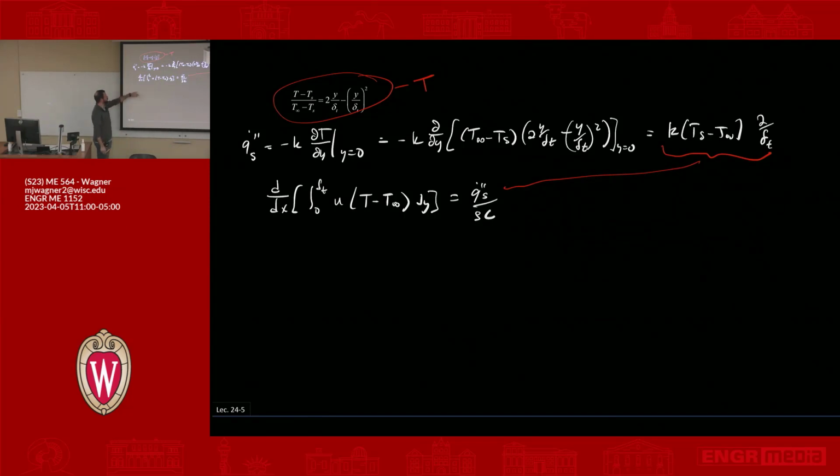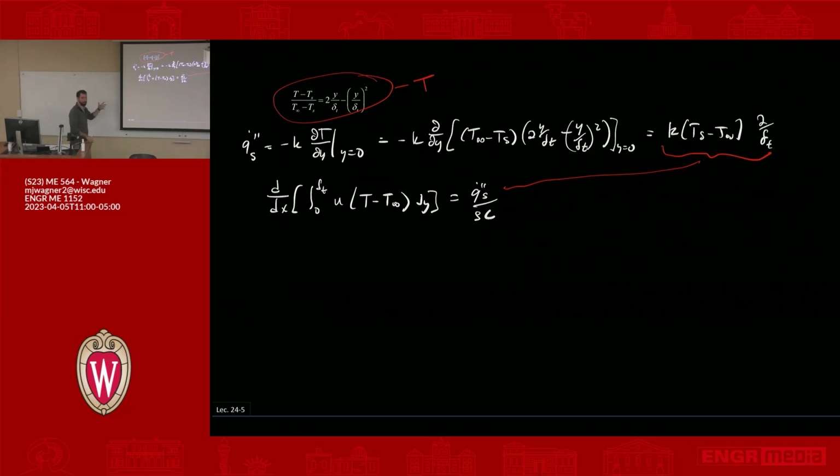The one thing that's maybe a little bit unclear is I have u here. So I have to somehow have a velocity profile that goes with this. What you can do is, if you've already done the momentum part of it, you can just take the u that you've already got and substitute that in. But it doesn't have to be the same u, right?